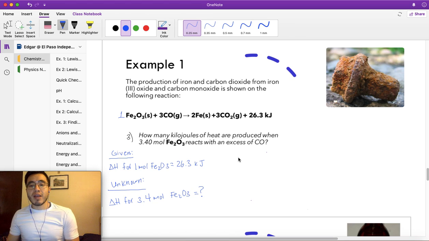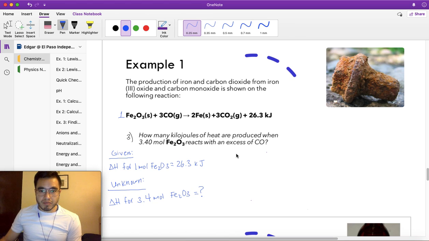The first thing we write is the conversion factor. And this is from the equation, or you can get it from the given as well.